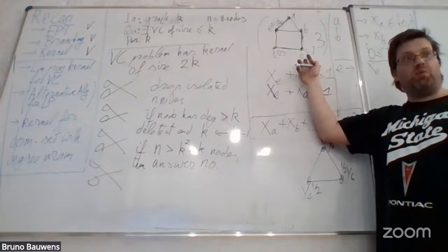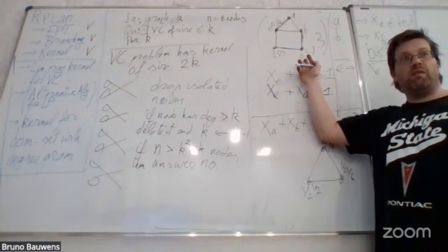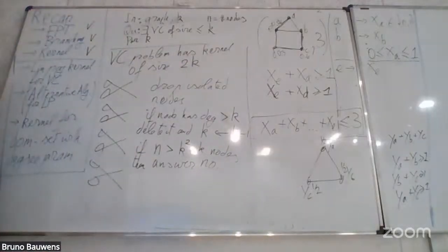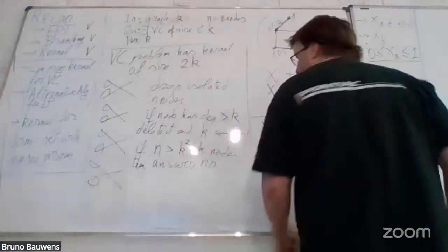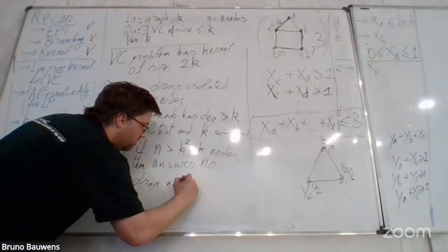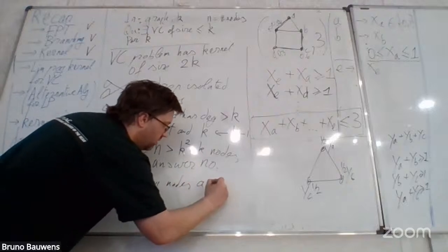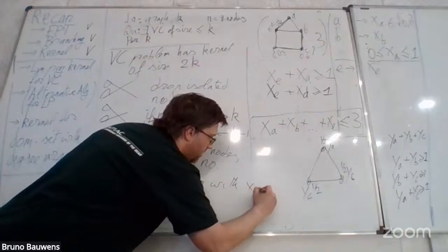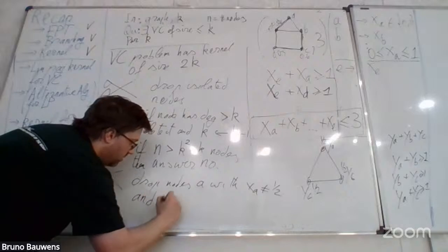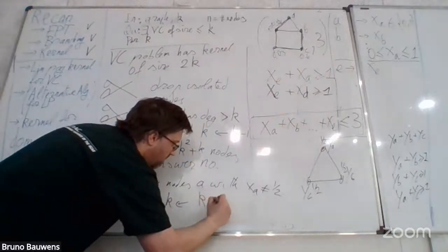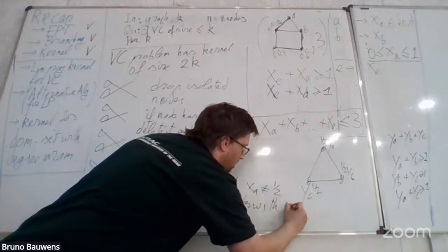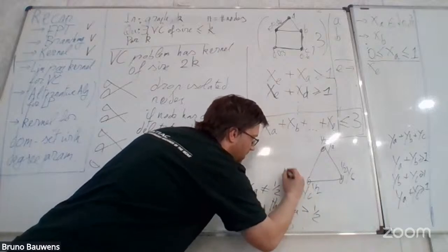So this is a very powerful rule. After we apply this rule, we drop nodes A with xa not equal to 1/2, and k decreases by the number of nodes with xa strictly bigger than 1/2.